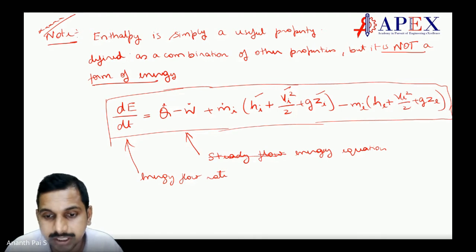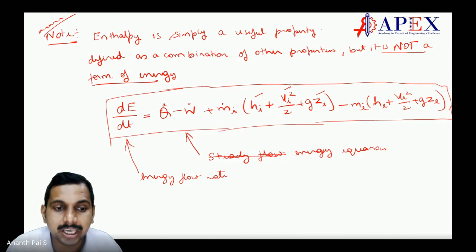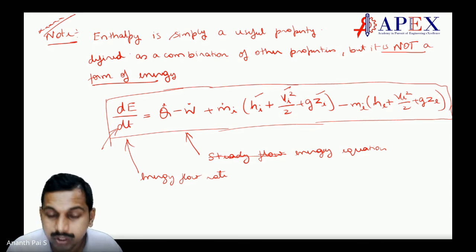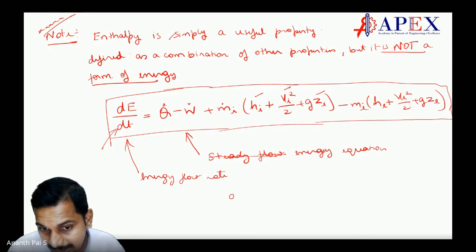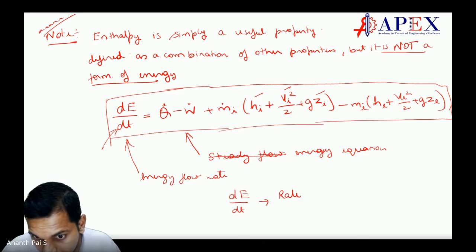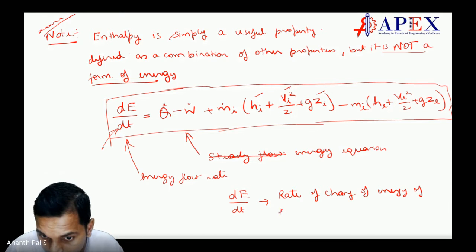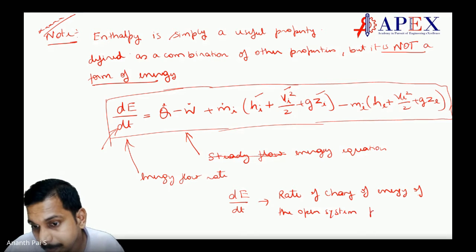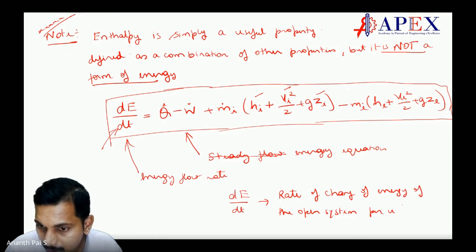Here this is the rate of energy accumulation, or rate of energy change of the system. dE by dt is the rate of change of energy of the open system.